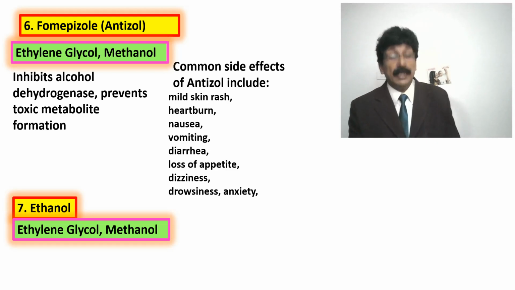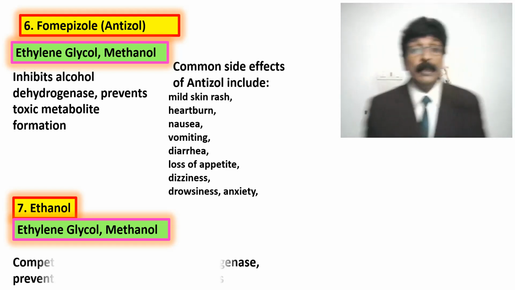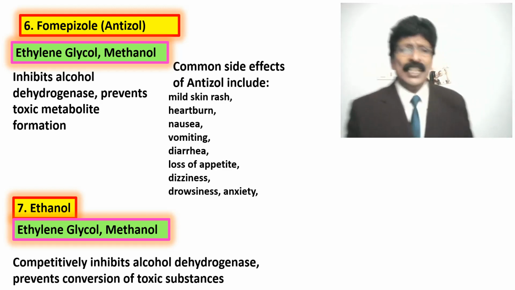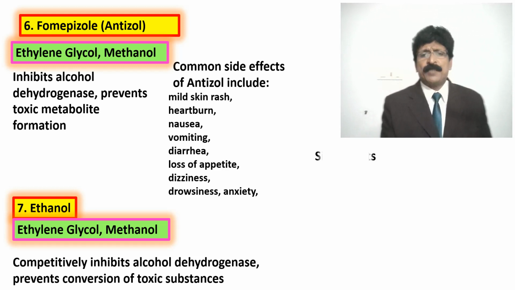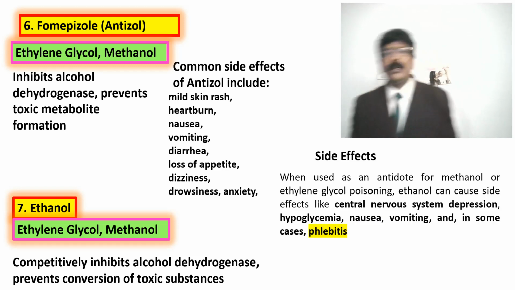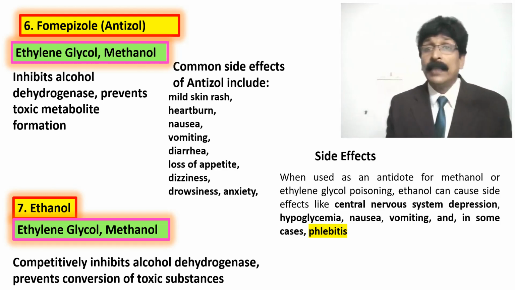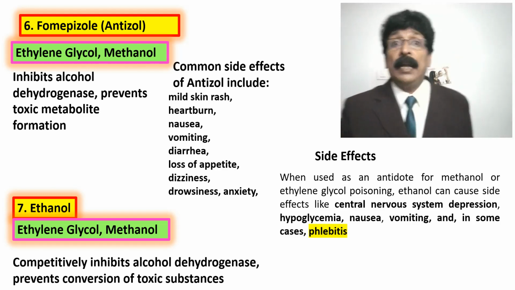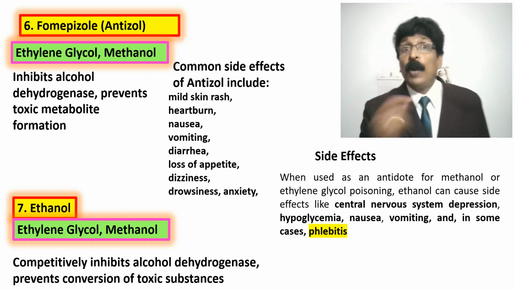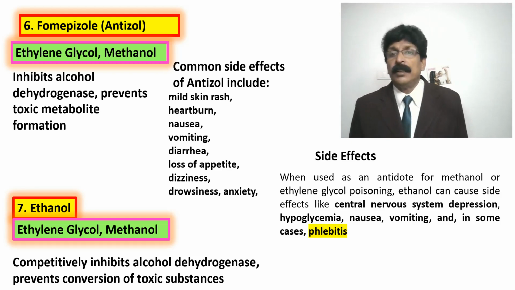Ethylene glycol or methanol, when it is mixed in local arrack, then the people will be in a problem. Ethanol is a competitive inhibitor for alcohol dehydrogenase and prevents the conversion to toxic substances. Side effects, when given as an antidote for methanol or ethylene glycol poisoning, ethanol can cause side effects like central nervous system depression, hypoglycemia, nausea, vomiting, and in some cases phlebitis.